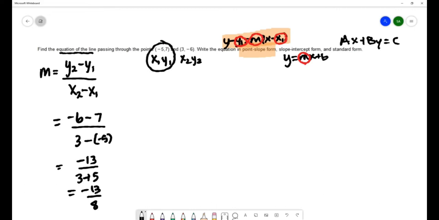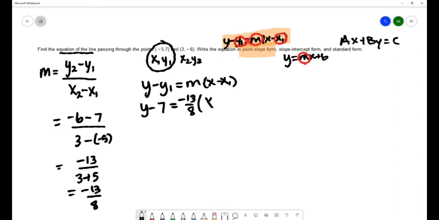In the formula, y minus y1 equals m times x minus x1, the y1 is 7, the slope was -13 over 8, and x1 is -5. So we have x minus -5.